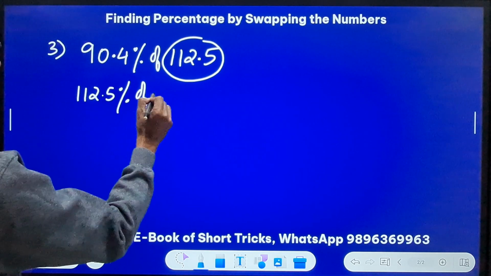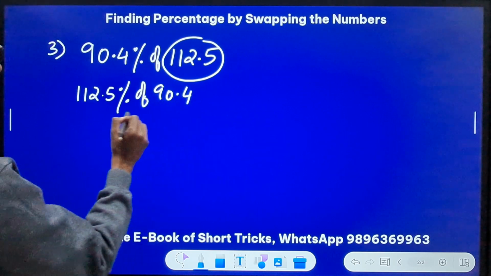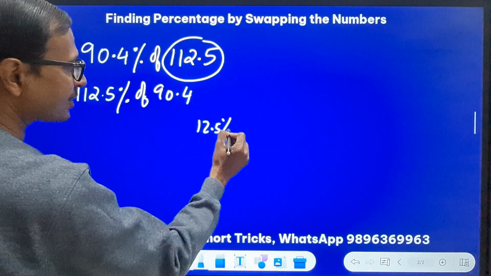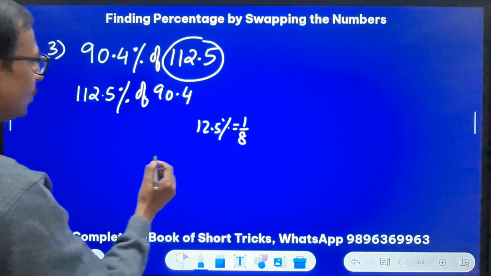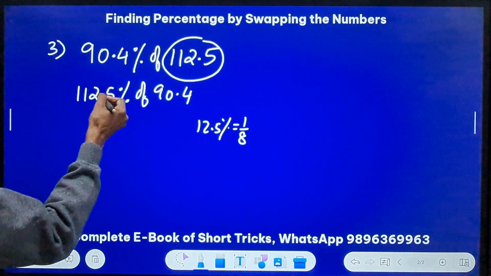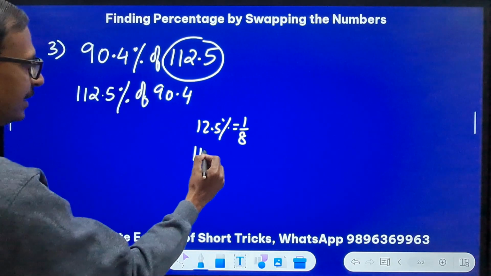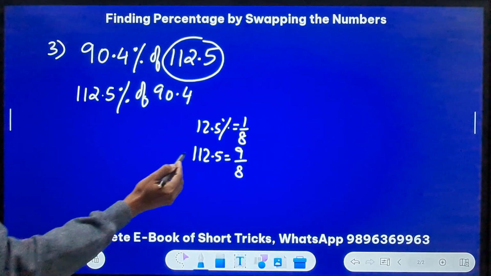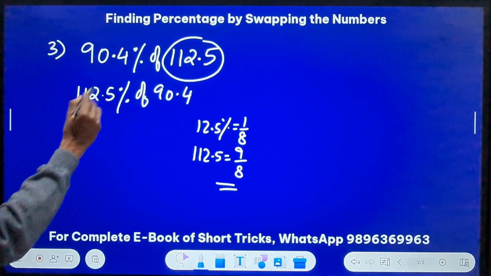112.5% of 90.4, then this percentage, I know 12.5% is actually 1/8, and so 112.5 will be 9/8, right? And now once you know this, the part is really easy.